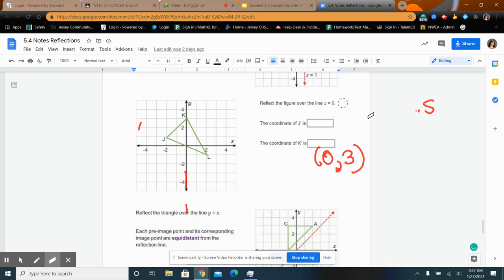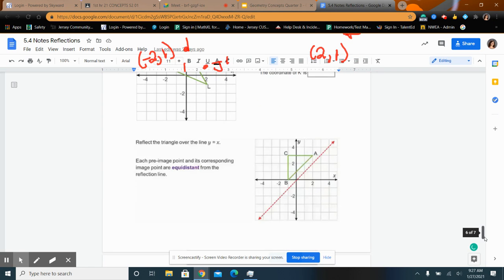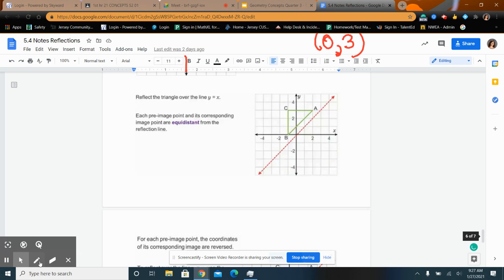This line y equals x is a diagonal line. And it is weird. It is super weird, actually. I was kind of upset they put it on here, but the code is super easy. It is hard to do this one by hand. If I'm going to reflect this triangle, and you guys have bad graph paper, so it's worse, you actually have to go diagonal to count. So do you see how this went half of a box? I'd have to go half of a box to B prime.